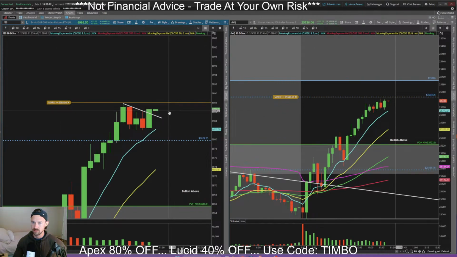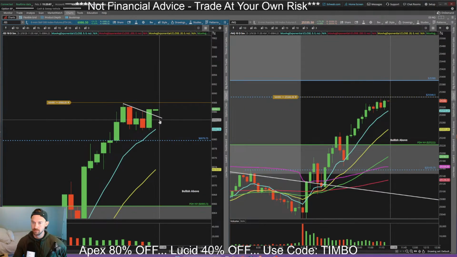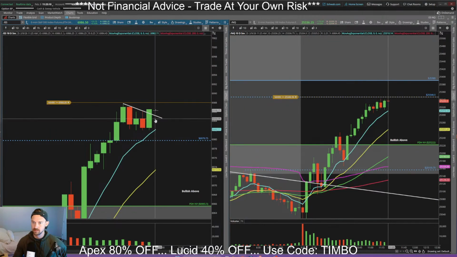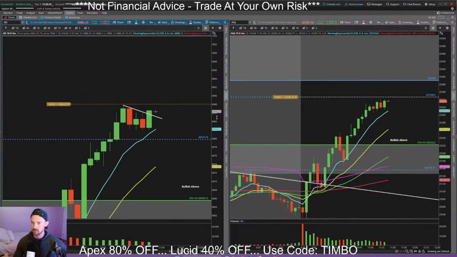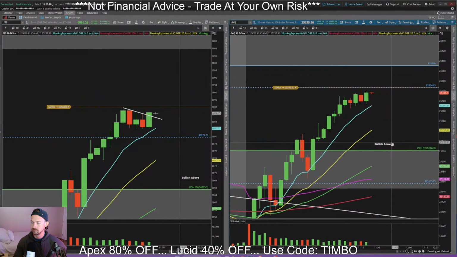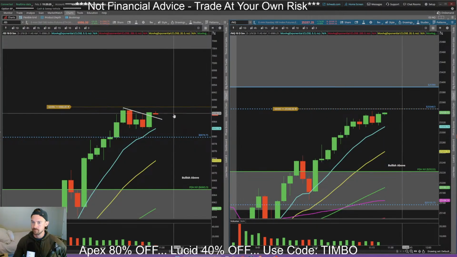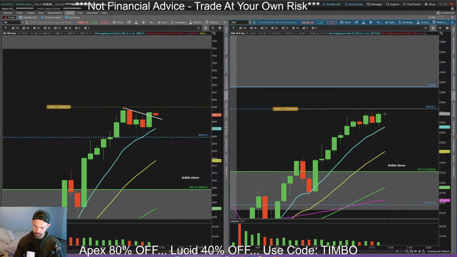All right, pretty good close there. Maybe if we can come retest back down, little wick down into this area on this 5-minute. And then push to new highs. See if NQ could take out that overnight high.